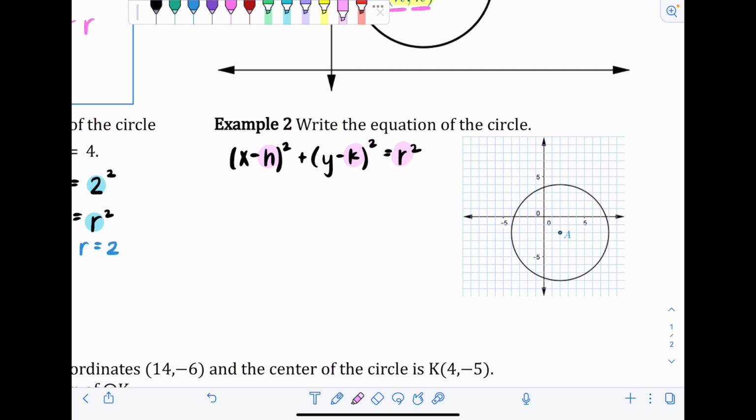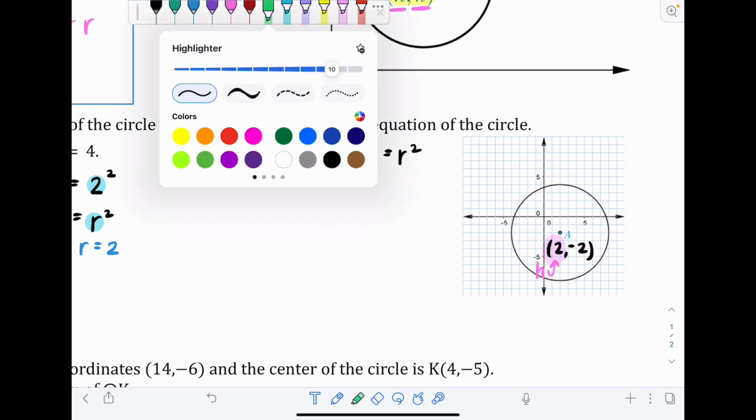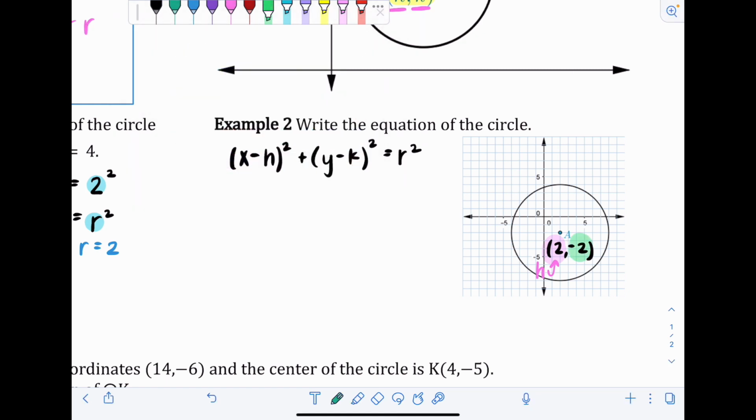Okay, so you can see the center is at A. If you start at (0, 0), you go right 2, and then you go down 2. So that point is (2, -2). That means h is 2, and k is -2.